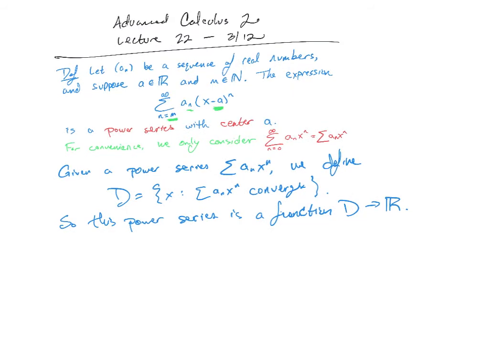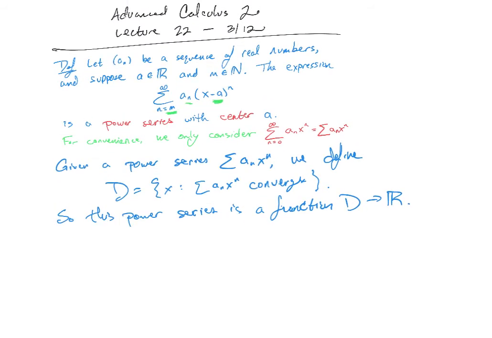Now, let's introduce terms for the partial sums. When we looked at series, our partial sums were S sub k, so we'll do the same thing here. We're going to define S sub k of x to be the sum from n equals 0 to k of a sub n, x to the n.